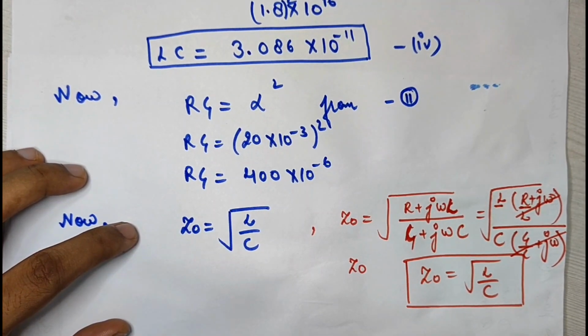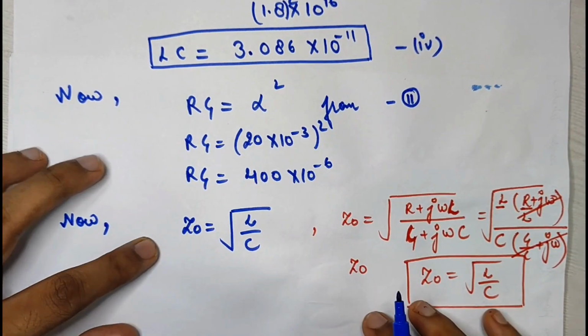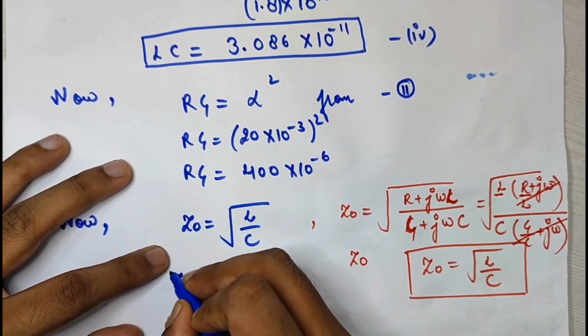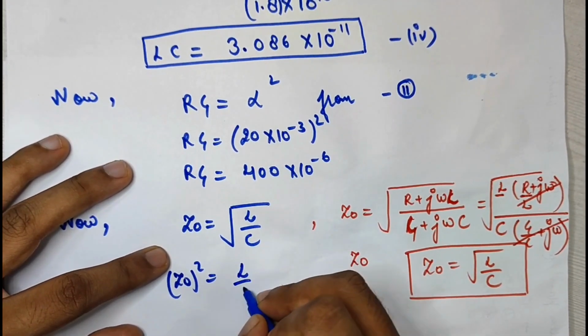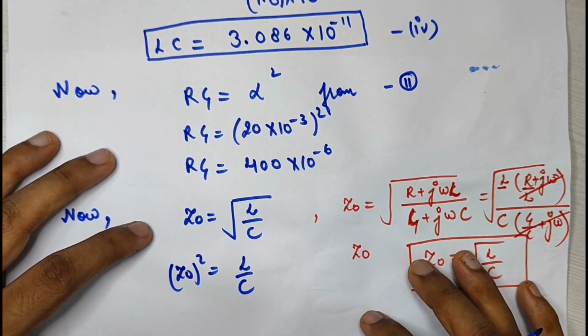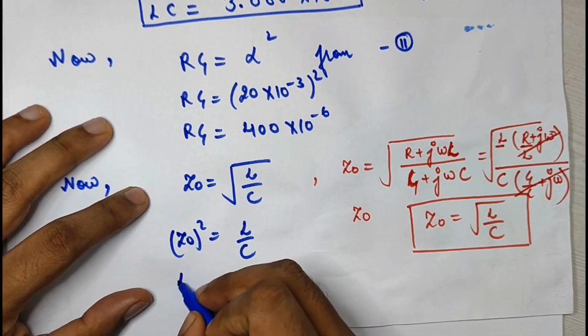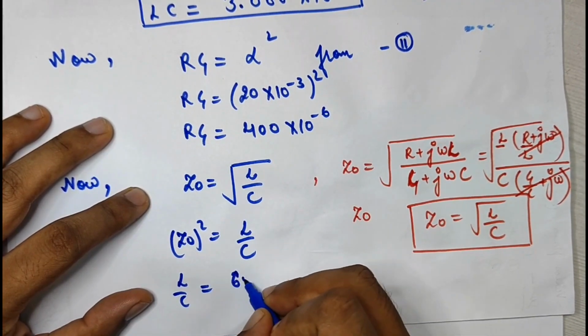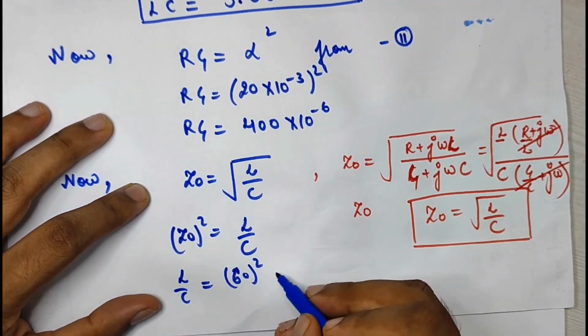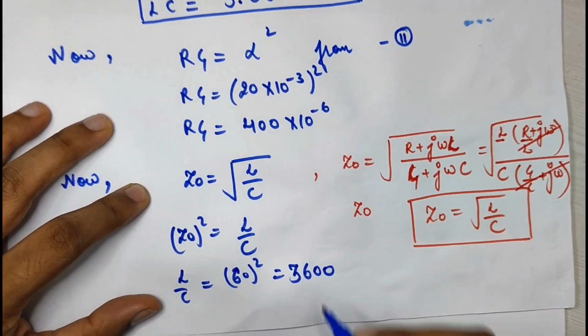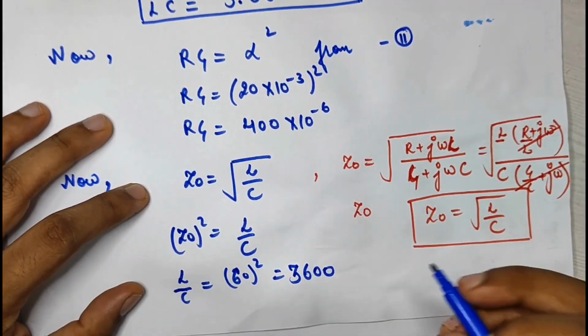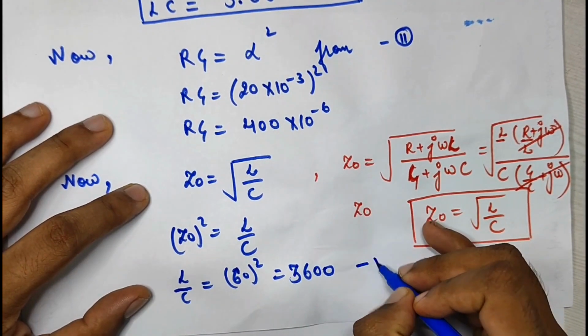Now in the question, we have the value of Z0. Z0 square can also be written as L by C. What is the value of Z0? L by C can be written as 60 whole square, which will be 3600. This I can call the fifth equation.